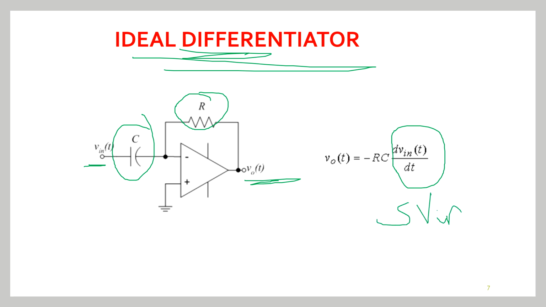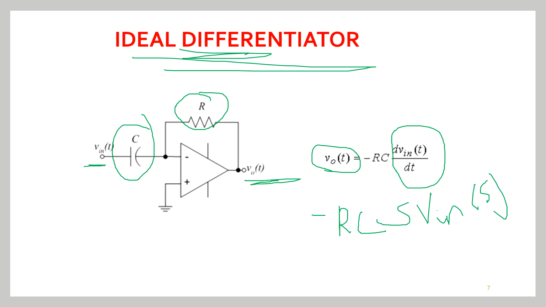So the transfer function for an ideal differentiator is minus RC into S into V in of S. When you adjust RC, you can change the output voltage. This RC is nothing but my derivative controller gain constant. But it is an ideal differentiator. It doesn't include a proportional controller effect.